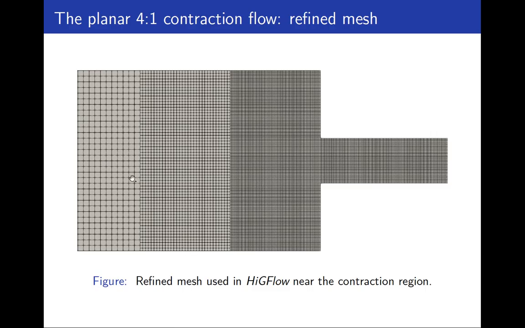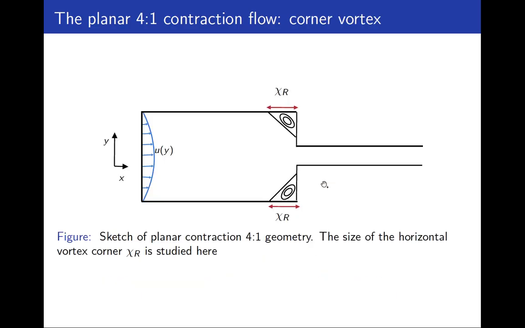So we have bigger cells very far from the contraction region. We also have intermediate value cells here, but much smaller cells close to the contraction region, because we need our numerical solution to be as accurate as possible in the contraction region, because the most interesting behavior is going to happen here.